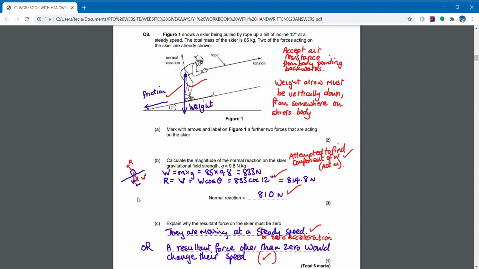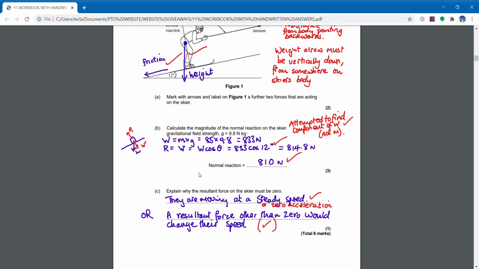So 1 mark if you have attempted to find a component of W, the weight, and not the mass. Second mark for a correct substitution calculation, and third mark is for the final value stated with the unit.